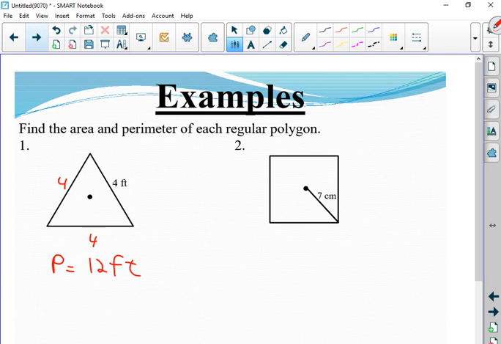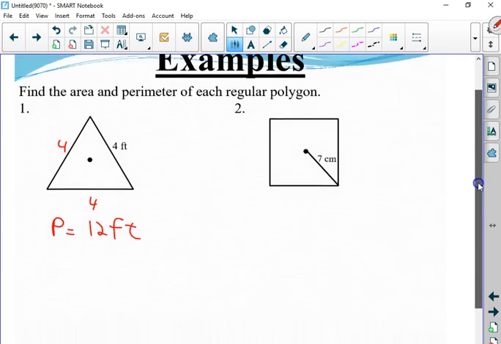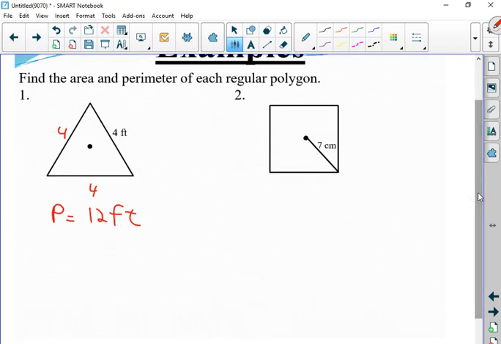Now, we also need the apothem. Okay, so now we're going to put everything together that we've been doing for the last few chapters. This goes back to chapter 6. So we're going to use it all.